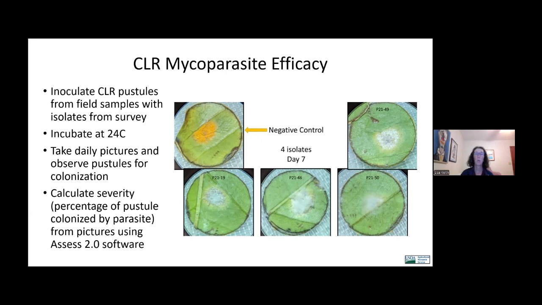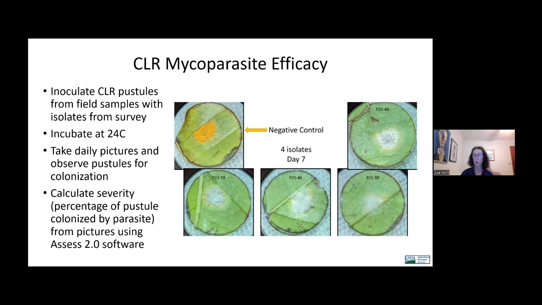We would inoculate individual isolates onto the spores, spraying the whole surface of the leaf, and then take pictures and observe for pustule colonization over time, and actually calculate severity, which is the percentage of pustule colonized by the parasite, with pictures using Assess 2.0 software.